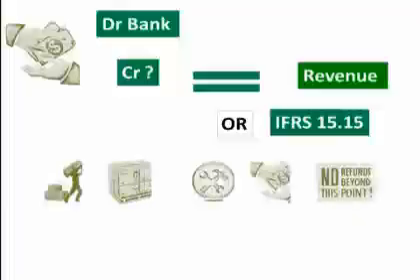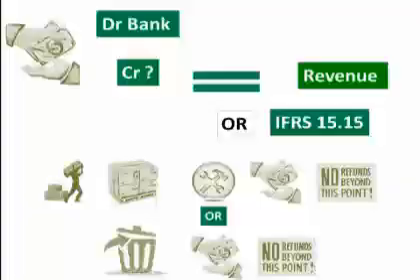The entity has no remaining obligations to transfer goods or services to the customer, and all or substantially all of the consideration promised by the customer has been received by the entity and is non-refundable, or the contract has been terminated and the consideration received from the customer is non-refundable.